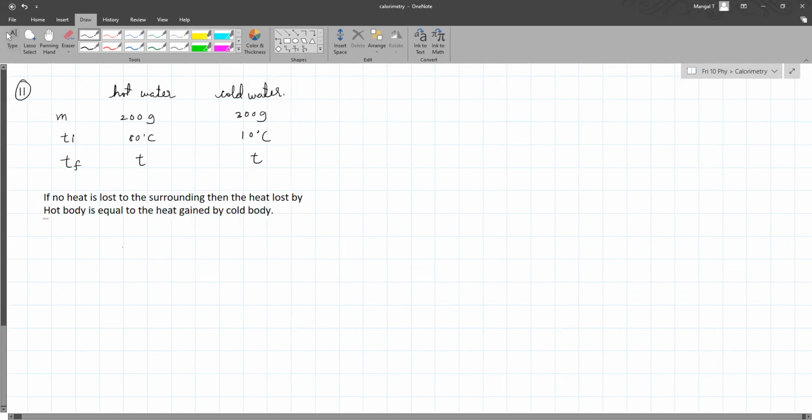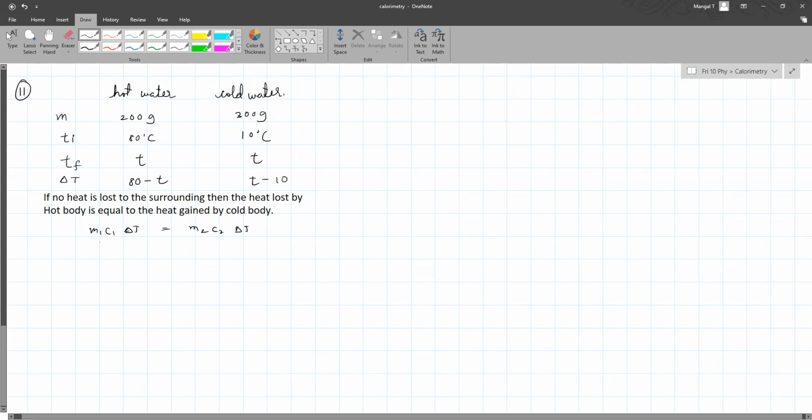Okay, so again M1 C1 delta T equals M2 C2 delta T. Here we can write delta T as 80 minus T, and here we write T minus 10.